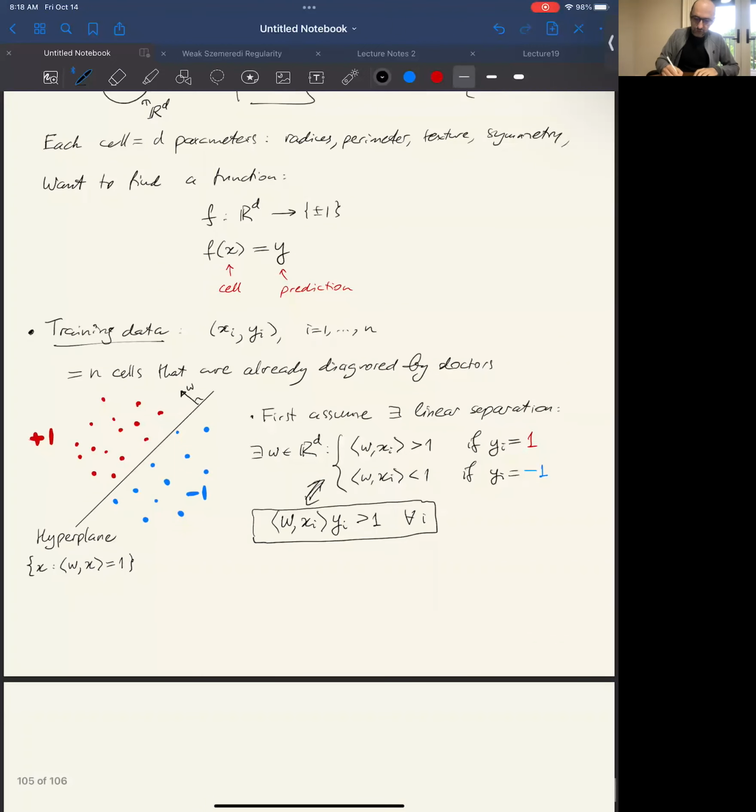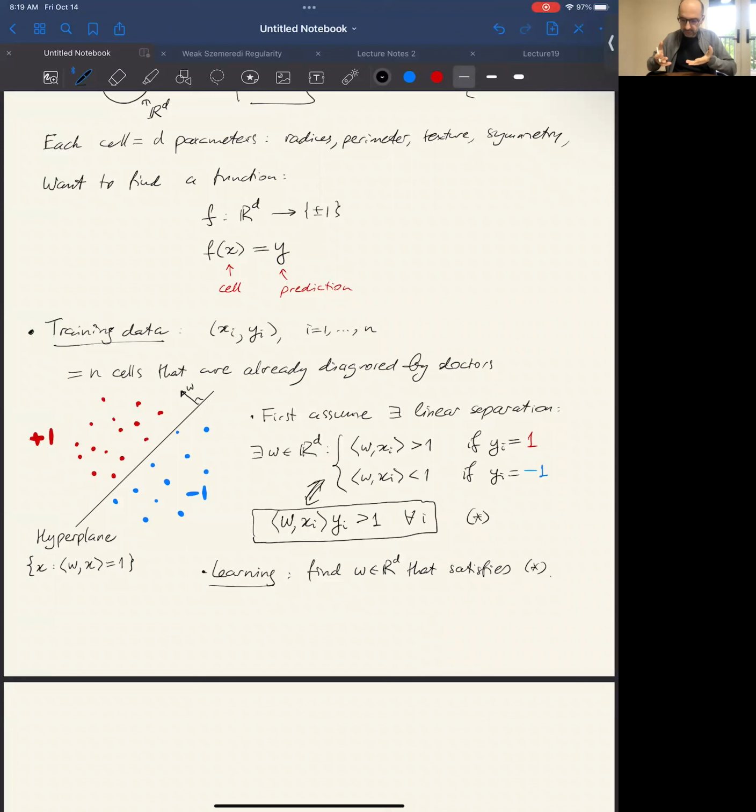So the learning stage of the algorithm is just to find the W that satisfies this. So far, so good. Everything is clear.